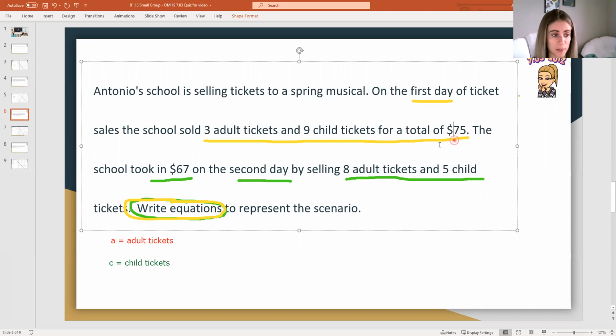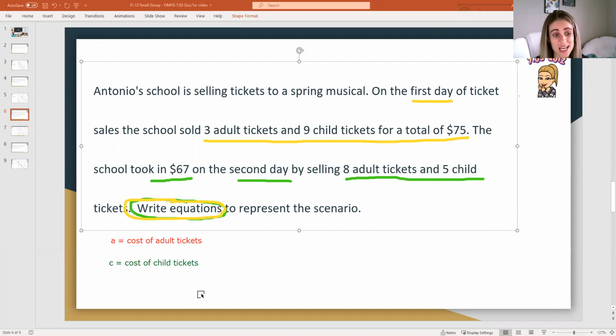Because I know the total amount of money I earned, but I don't know the individual price for an adult ticket and a child ticket. That unknown will give me more detail for my variables. So specifically, A is the cost of adult tickets and C is the cost of child tickets.